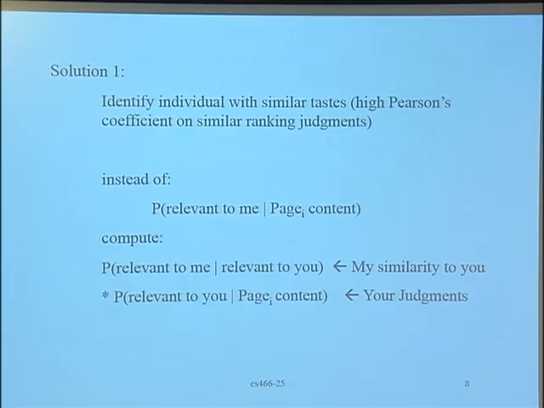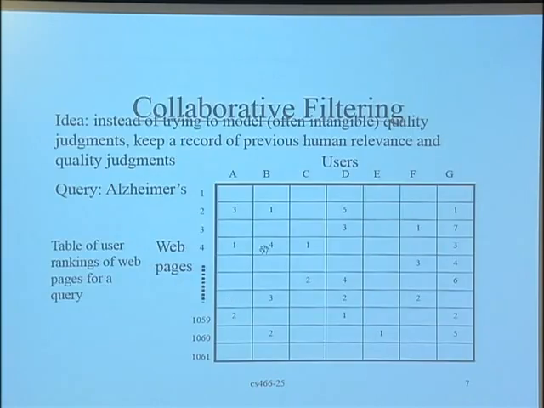Then I can use that weighting to do a weighted combination of the relevance judgments of the individual users. So the probability of a page being relevant to you given its content, i.e. your judgments. In this particular case, what we'd like to do is weight each of these scores for content 2 based on the similarity between user A and me, similarity between user B and me, and so forth.